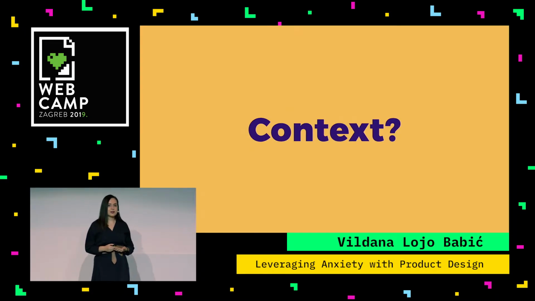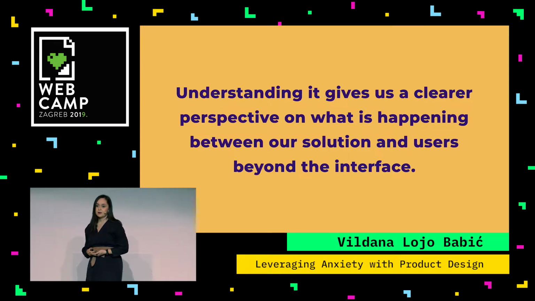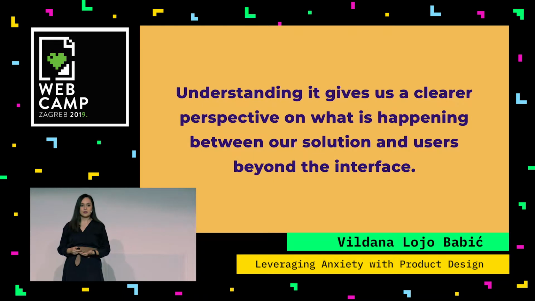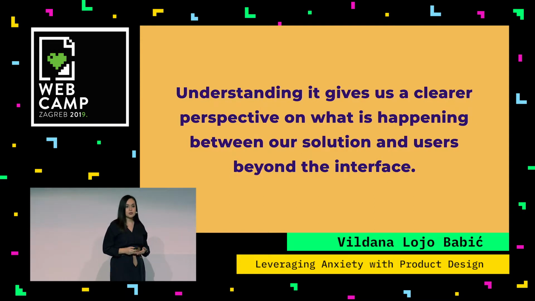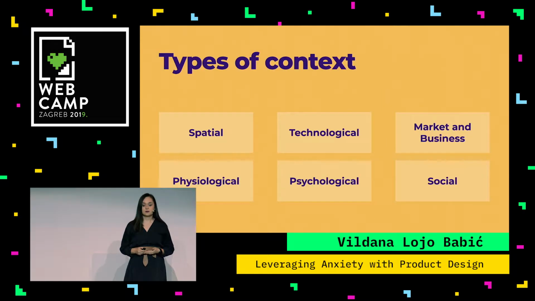And what does context actually mean, and what does it have to do with our apps and websites? It means a lot, because understanding the general context can give us a clearer perspective on what is actually happening between our solution and users beyond just the interface.